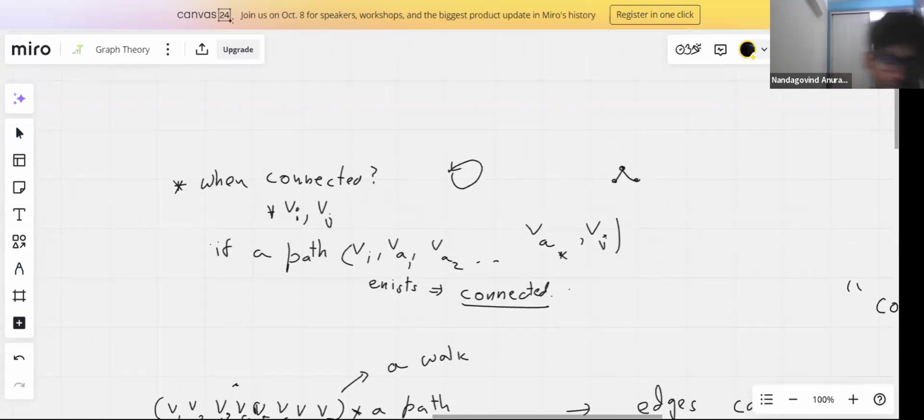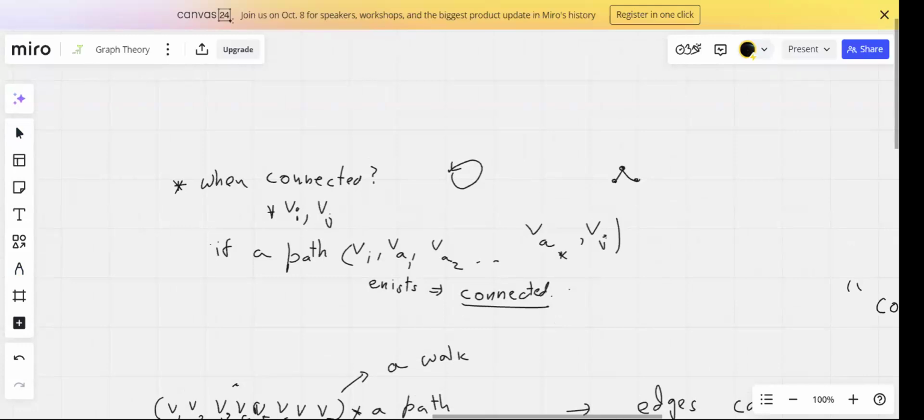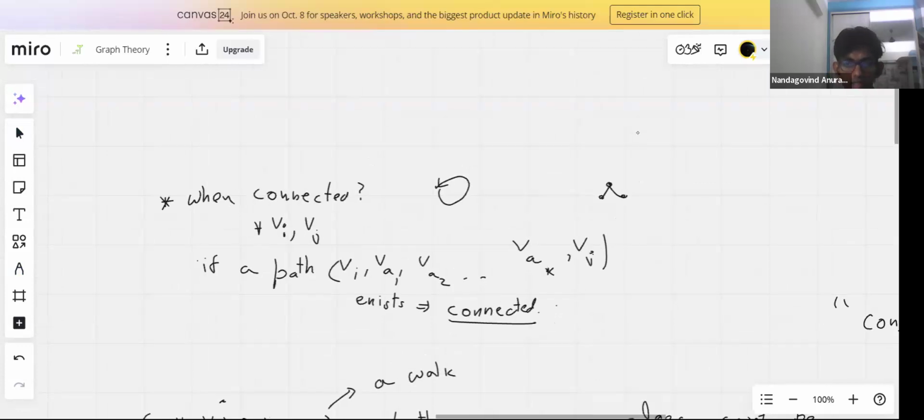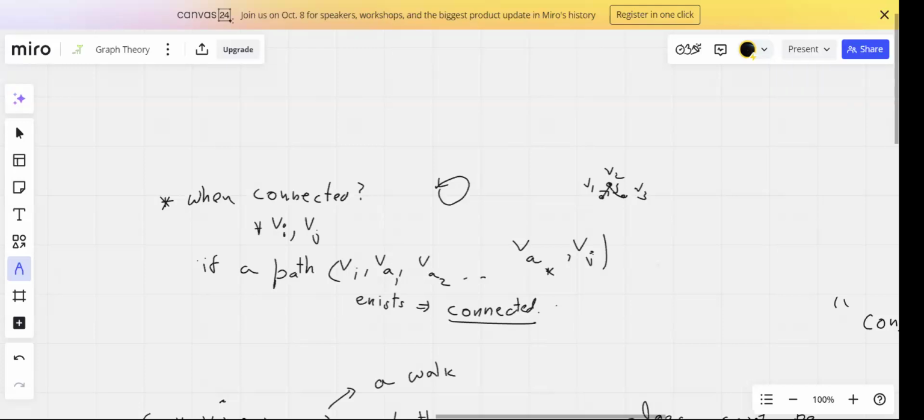The same definition works, because path doesn't really change much. Does connected imply cycles? No, for example, a tree is a connected graph. So V1, V2, V3 is a connected graph. The point of a connected graph, if you want to think about it visually, is that I'm connected to every other point in the graph. So wherever I am, I can walk to every other point in the graph. Okay, makes sense.